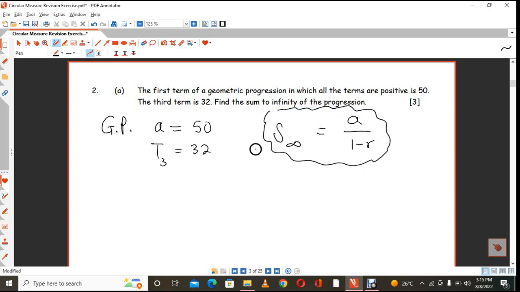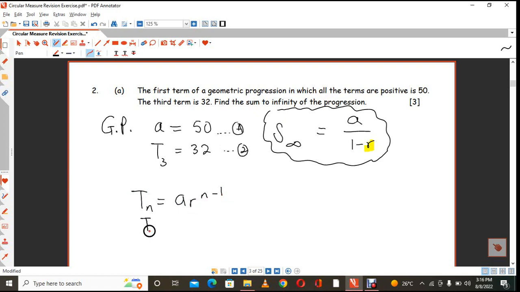In order for us to find the sum to infinity, we need to know the value of R. So if this is my first equation and that's my second, remember when you are dealing with the rule for a GP, T sub n is A R to the n minus 1.